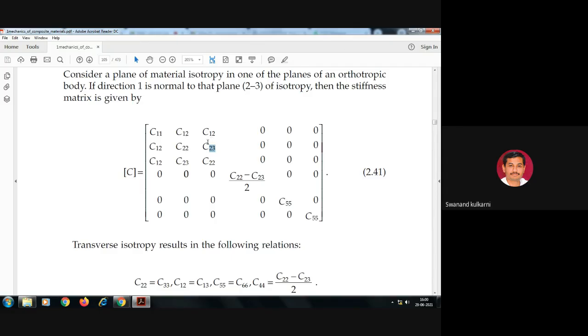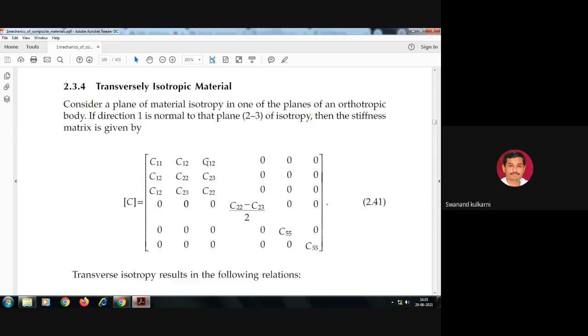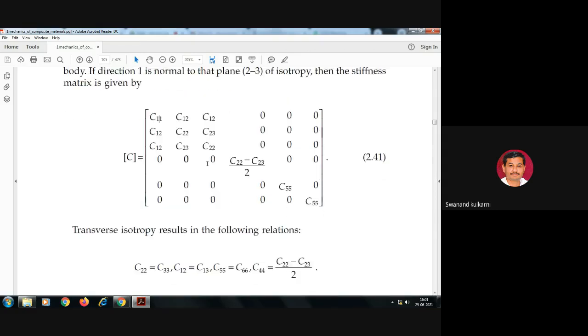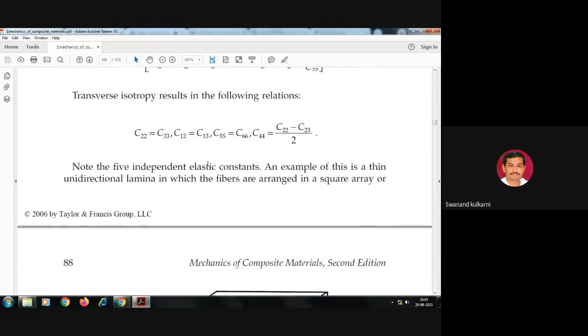So here not 3 but only 2: C11, C12. So 2 plus 2, 4. The remaining ones can be calculated from C22 and C23. So 4 are here and this one is 5. So in transversely isotropic material, 5 independent elastic constants are sufficient.